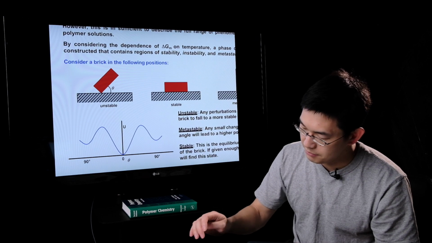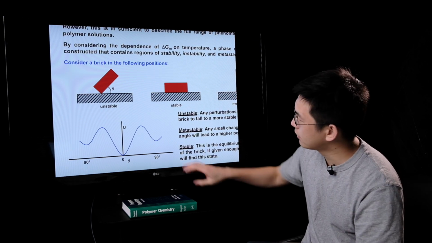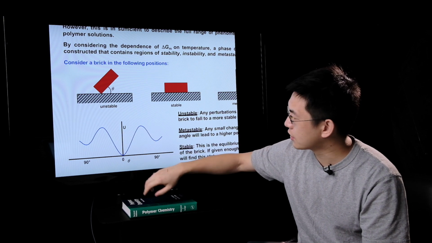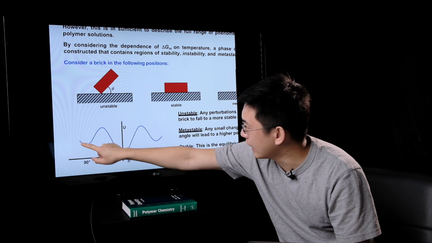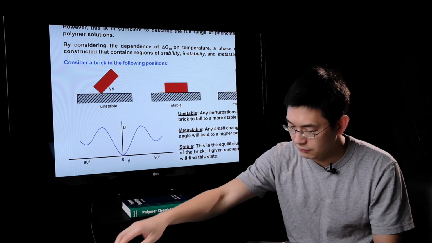And this can be seen in this tiny plot where you have the energy potential for the system, U, and you have different angles defined above. There are two key features here.